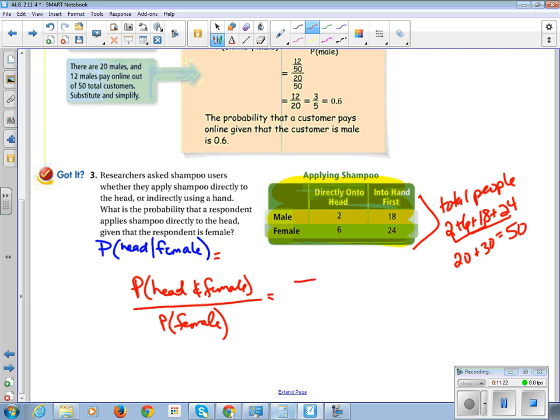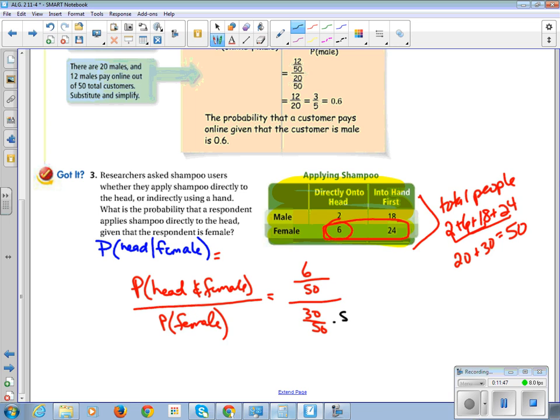So the probability of applying directly to the head and being female is 6 out of 50. We're going to divide that by the probability of being female, which in this case is 30 out of 50.